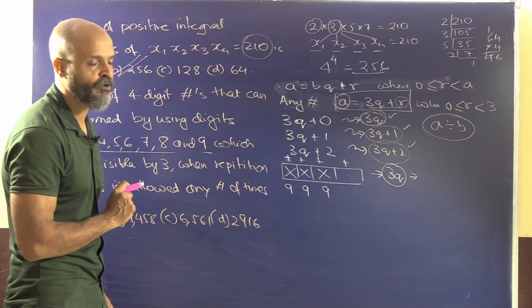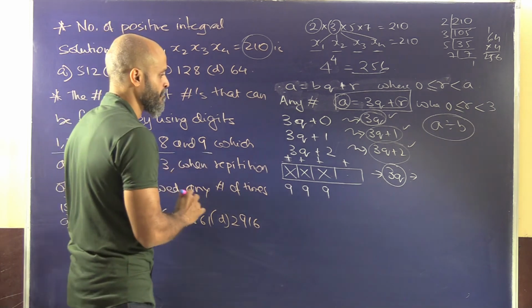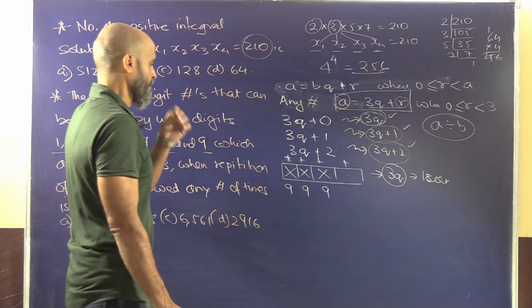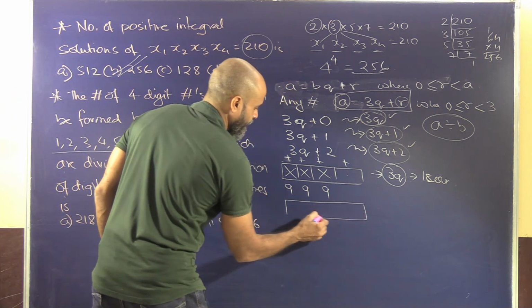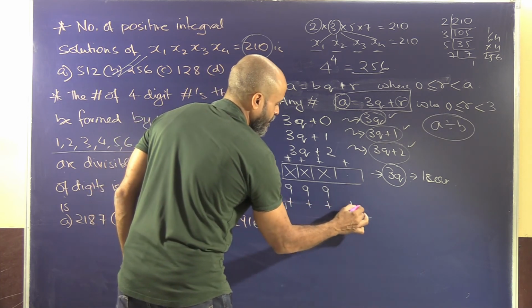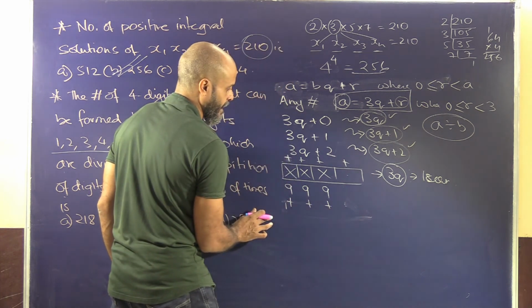So this is one case. And let's say by adding these, 1, 2, 3, we are adding 1, 2, 3.